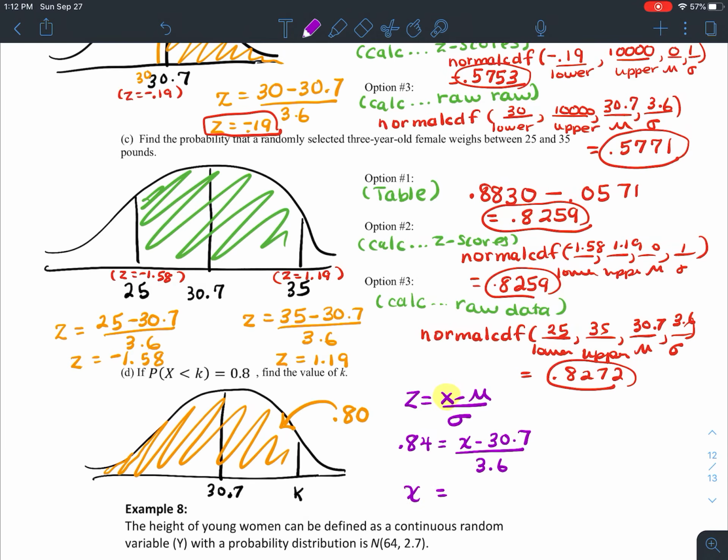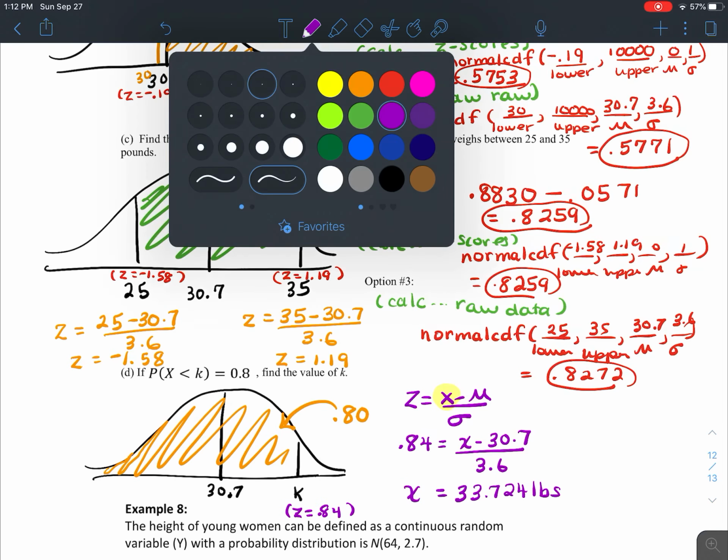We're going to subtract the mean of 30.7, divide by the standard deviation of 3.6. If we go through the algebra of multiplying both sides by 3.6 and adding 30.7, we end up getting the weight of a 3-year-old girl to roughly be 33.724 pounds. And that's where the z-score for this is 0.84.